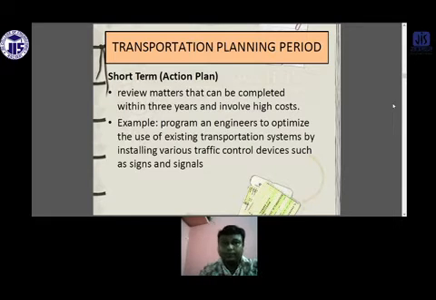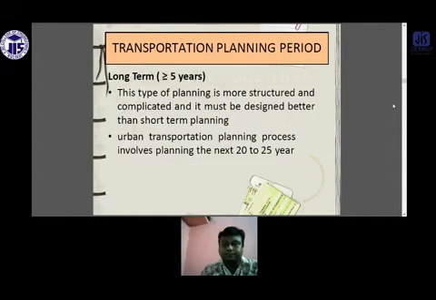Transportation planning period. There are various types of transportation planning periods. The first one is the short time period or short term action plan. It basically reviews matters that can be completed within 3 years and involve high cost. For example, programs and engineering to optimize the use of the existing transportation system by installing various traffic control devices such as signs and signals.